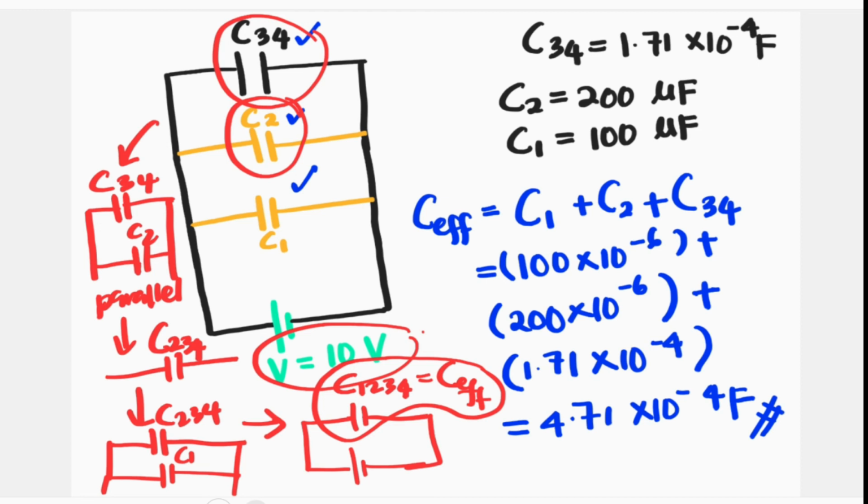So it's a very simple technique. First, you must identify which capacitors are connected in series or parallel. The step to combine the capacitors is to start from the capacitors furthest from the power supply, and then compress until it becomes a single loop. So very simple technique. You can do this.